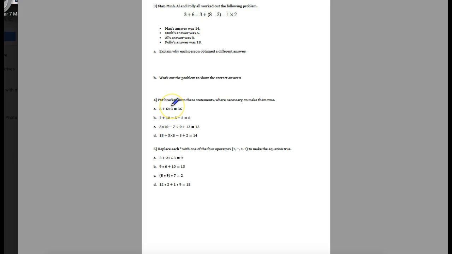So 6 plus 18 is 24, which is incorrect. So what if we put the brackets around the 6 plus 6? So 6 plus 6, I'll just rewrite it here, times 3. 6 plus 6 is 12. Then we multiply it by 3. And that's where you get the 36 from.